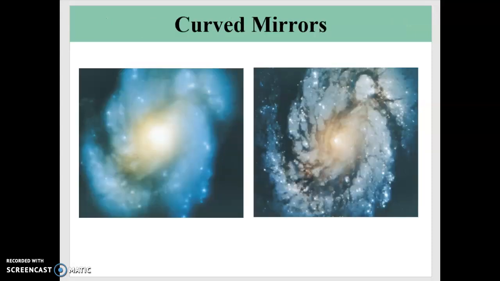And on top of that, there are ways that telescopes can be improved. And these two images are very famous images from the early 1990s and then mid-1990s, from the Hubble Space Telescope. When the Hubble was first launched back in the early 90s, there was a flaw in its optics concerning its primary mirror.